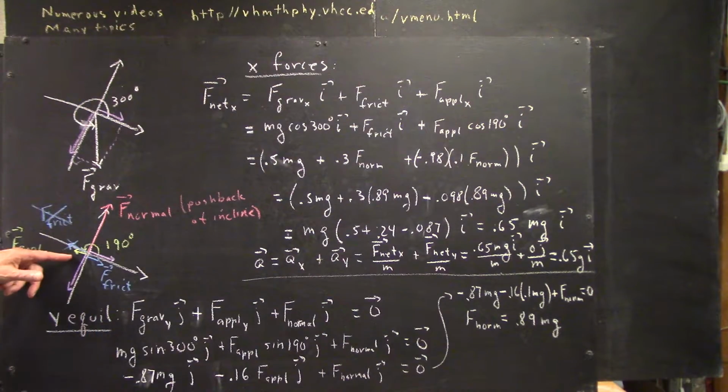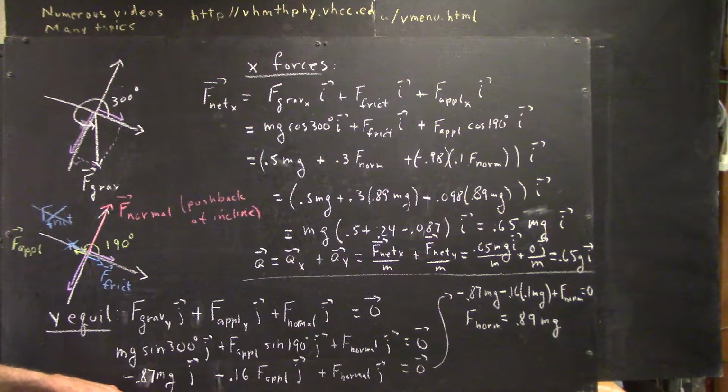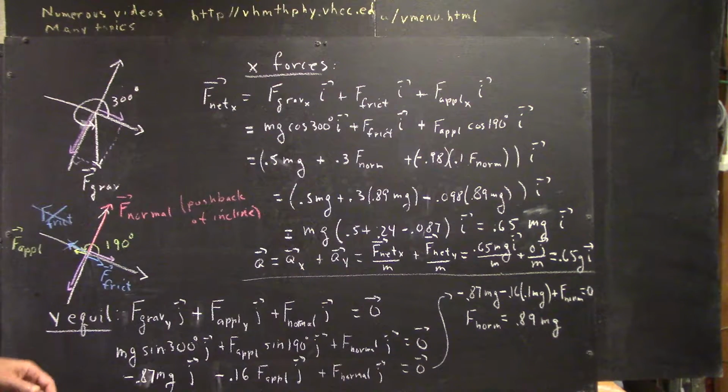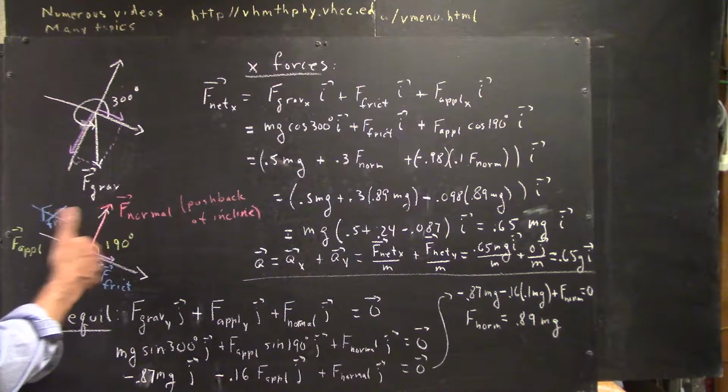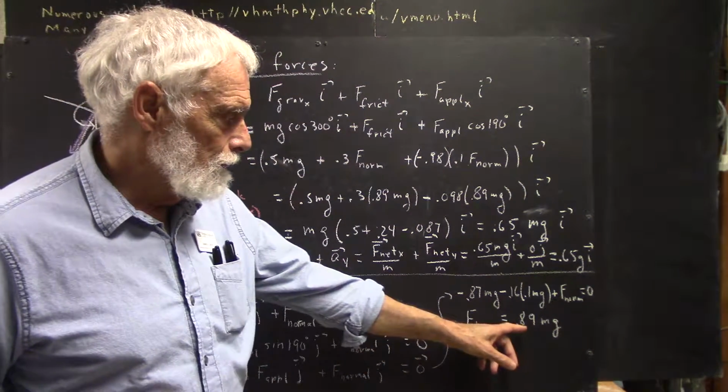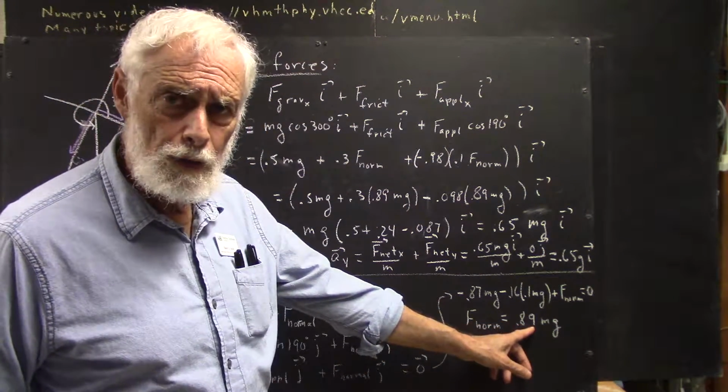If there was no applied force, the normal force would just be equal and opposite the gravitational component in the y direction, which would be 0.7 mg. Okay, the normal force would be 0.7 mg. Since the applied force is pushing down into the incline, that gives us a little extra force, and I'm thinking that raises us to 0.88 or 0.89.